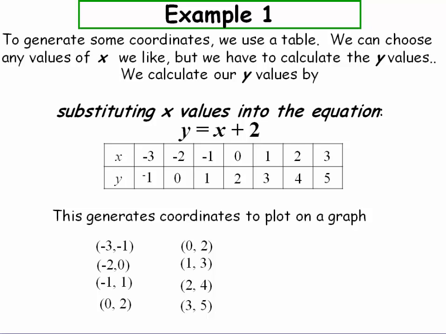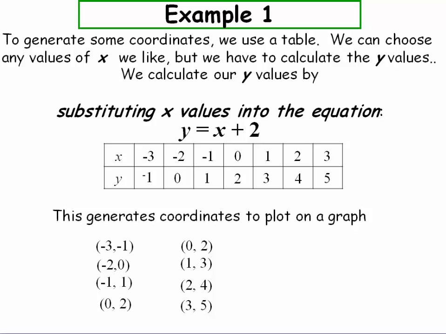From the table we put the x values into our equation and get our y value. So when x is -3, we have -3 plus 2 is -1, that's y. When x is -2, y is -2 plus 2, which is 0, and so on.